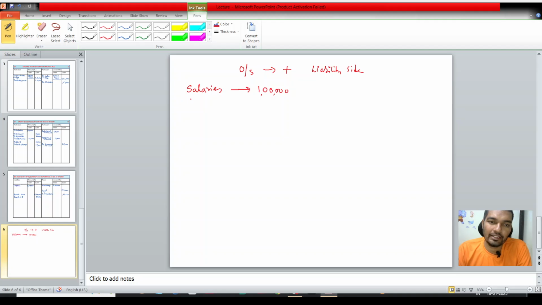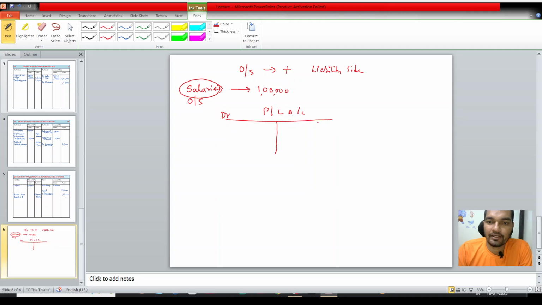Suppose in the given sum outstanding salary is given. What is the meaning of this outstanding salaries? There is a due to the company. Company has to pay the salaries to the employees. So already how much salary paid by the company will be shown clearly under the P&L account, all of you. Where do you show salaries paid?